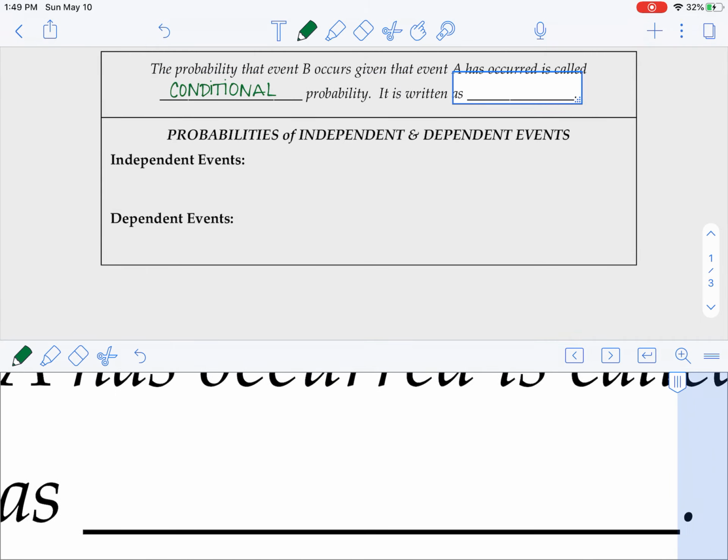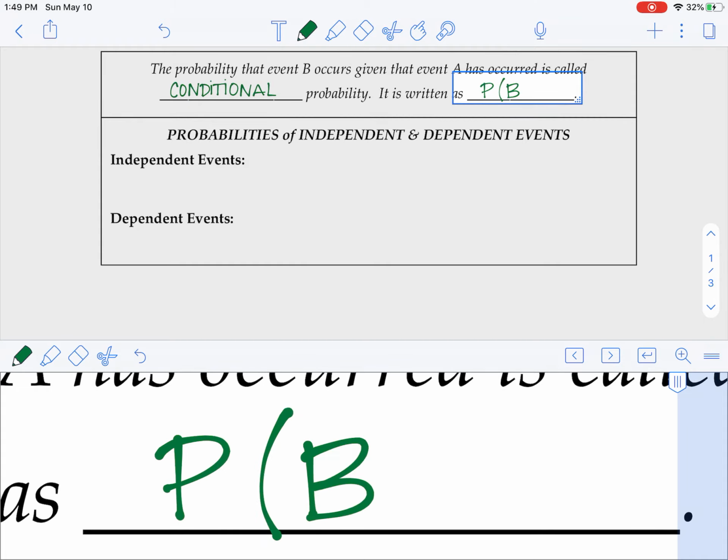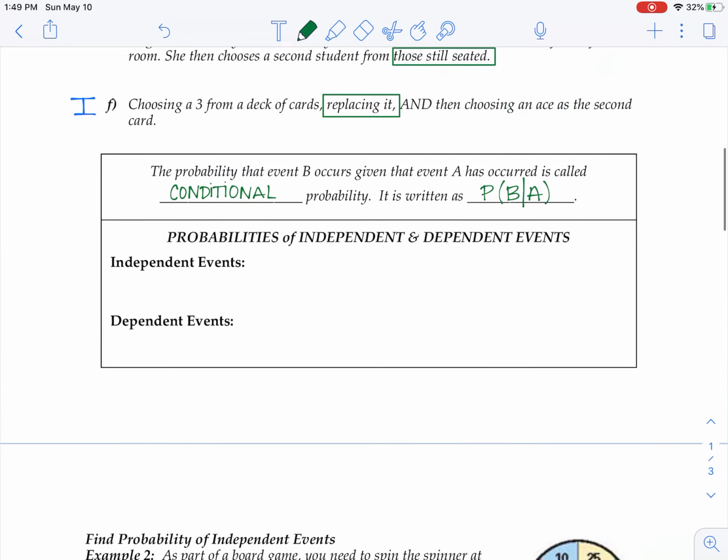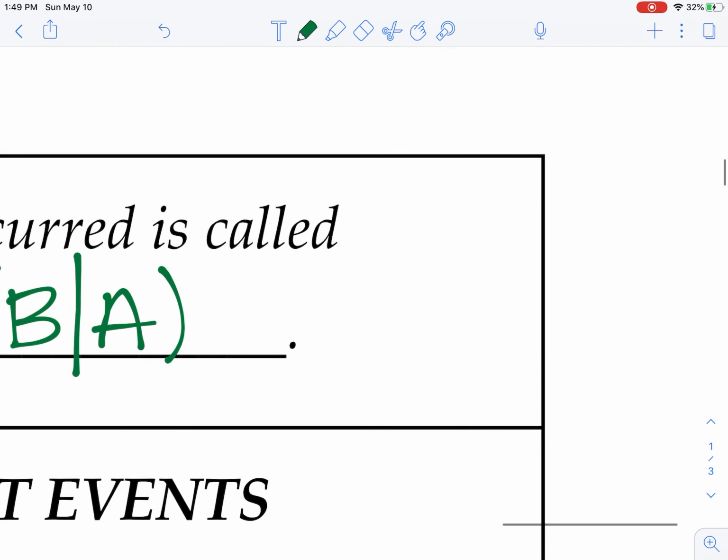So when we have a conditional probability, we state that our second event B is the probability we want to find. However, we place this line in, and then we put whatever the first event was. The way you read this is the probability of B given that A happened.